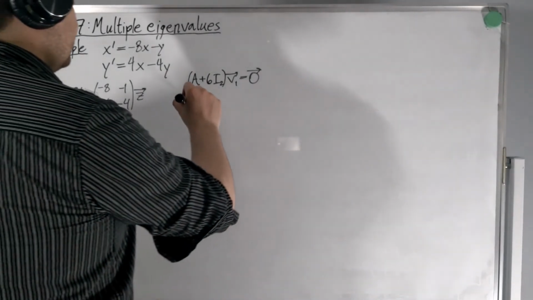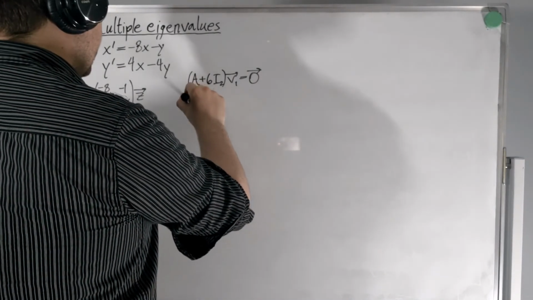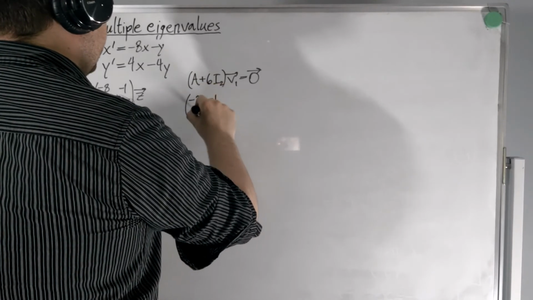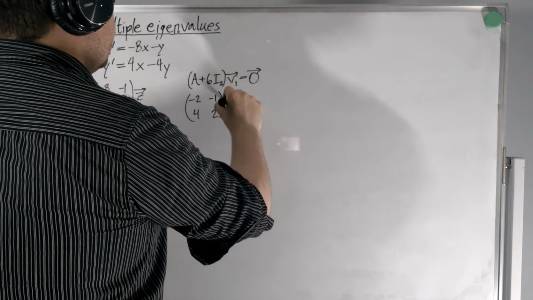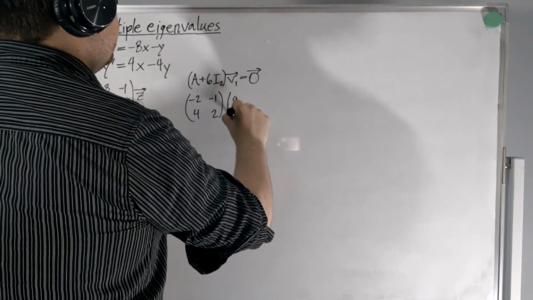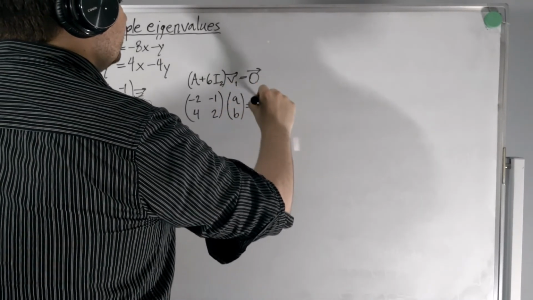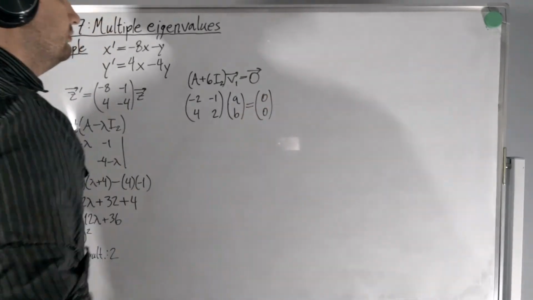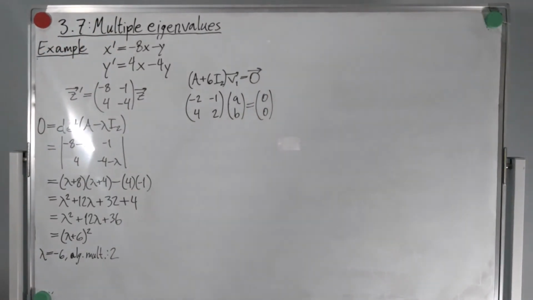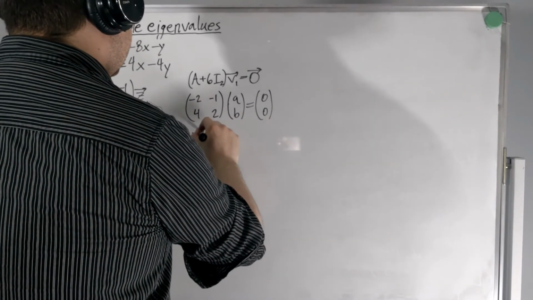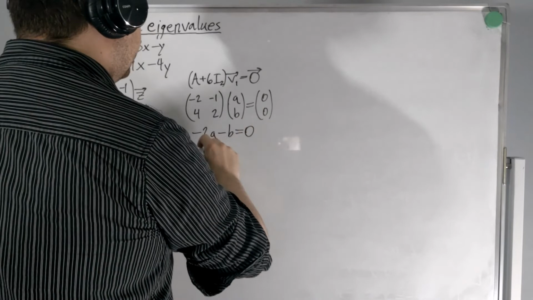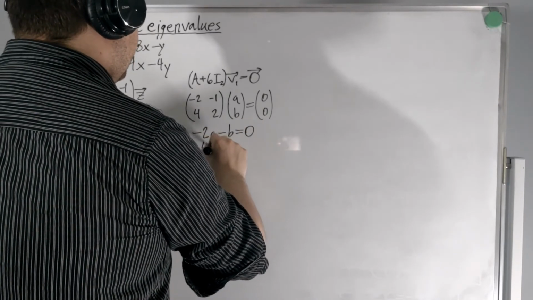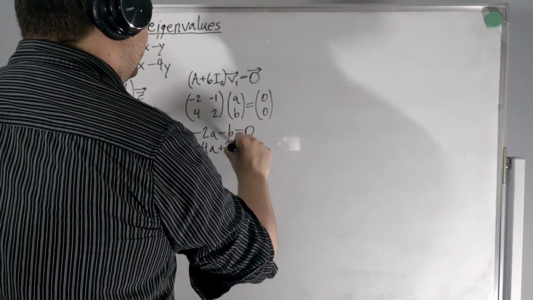So these would be non-zero solutions of (A minus negative 6 I2) times v1 vector equals the 0 vector. In our case, that looks like (-2, -1, 4, 2) times (a, b) equals (0, 0). Multiply through, and you'll get negative 2a minus b equals 0, and 4a plus 2b also equals 0.